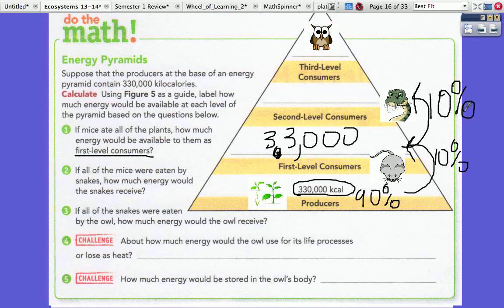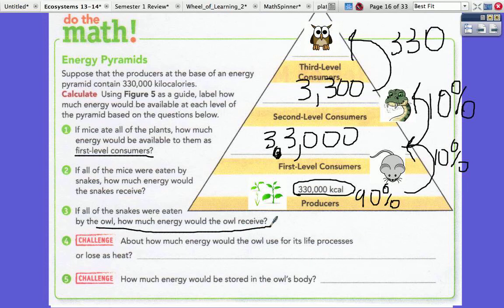So at this point, the snake is only consuming 3,300 kilocalories, which means when the owl eats the snake, it is only getting 330 kilocalories. If all the snakes were eaten by the owl, how much would the owl receive? And there you go.